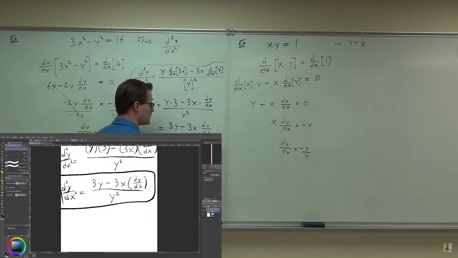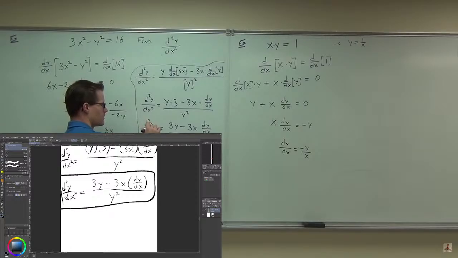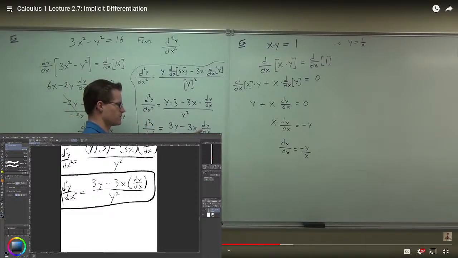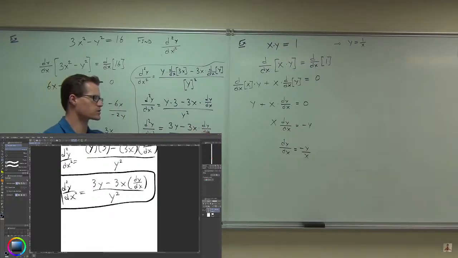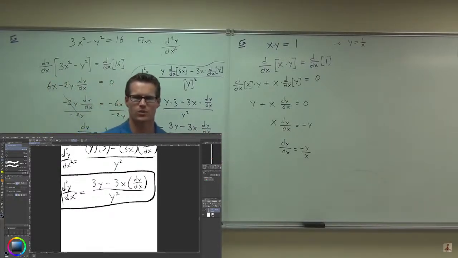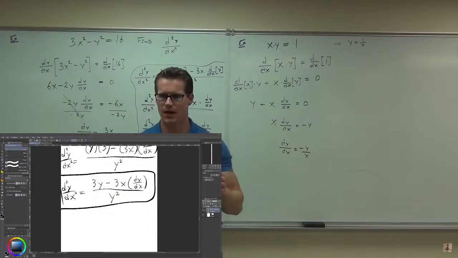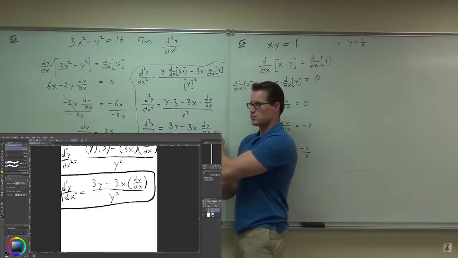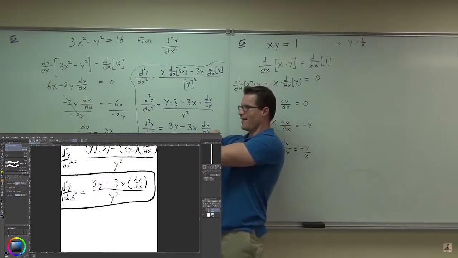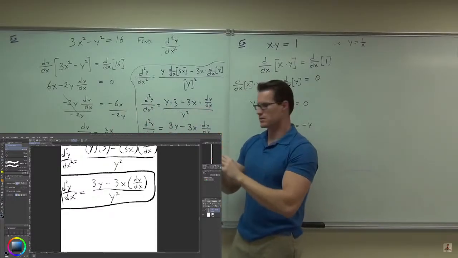Now wait a second. This is weird, because I have a derivative, and I have a derivative. I'm guessing you just plug in the original derivative dy dx into that. That's strange. Do I want to solve for that? No. The reason you don't want to solve for that, look at the board. Have you already solved for that? How much is that equal to? Right there. Just plug it in.